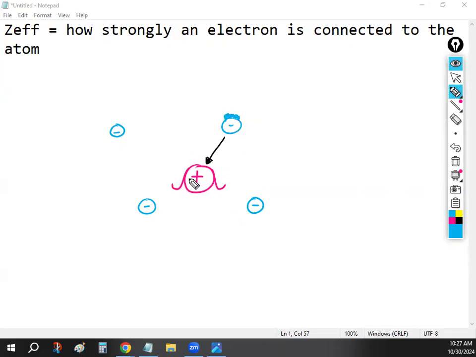However, she's very attractive, right? And what that means is there will be other dudes that are also attracted to her. So this guy's attracted to her, this guy's attracted to her, and this guy's attracted to her. So far, so good? All right, now, all 4 guys are attracted to the nucleus, and they're going to try to get closer.